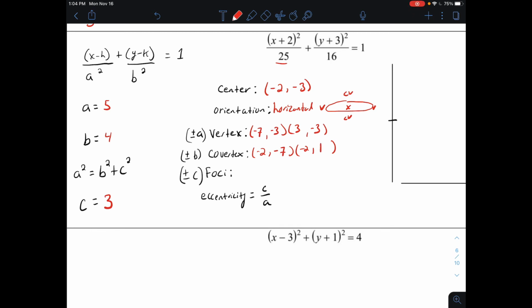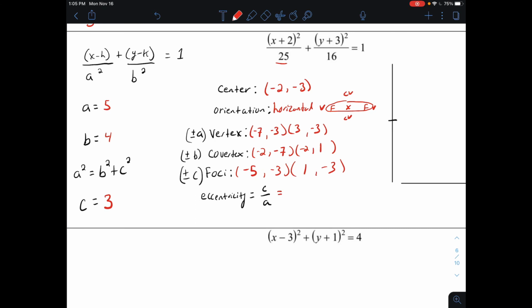My foci are going to be in the same direction as your vertices, so they'd be to the left and the right of the center as well. So I'd add and subtract c to the x value of my center, so my foci are both going to have y values of -3. I would add and subtract 3, so we have one focus at -5, -3, and then I have another focus at 1, -3.